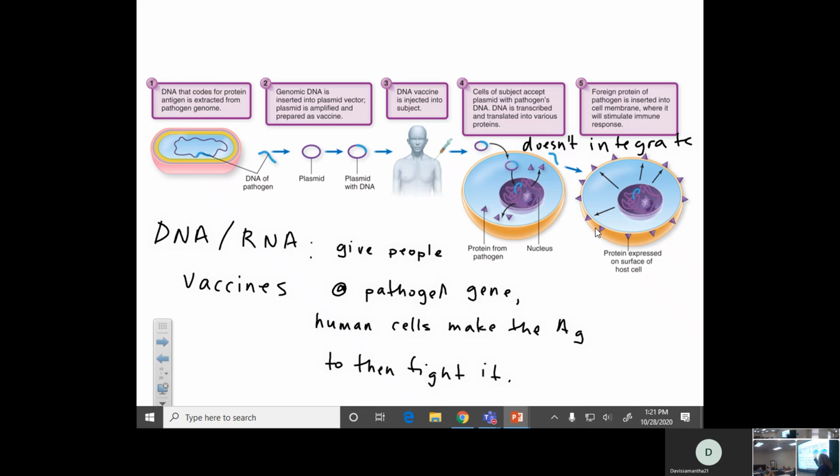That has to do with the structure of DNA, and it's got a 3' hydroxyl that's easy to destroy in water. So yeah, these don't integrate and stay. They will last as long as DNA or RNA lasts in the body, which is not long.